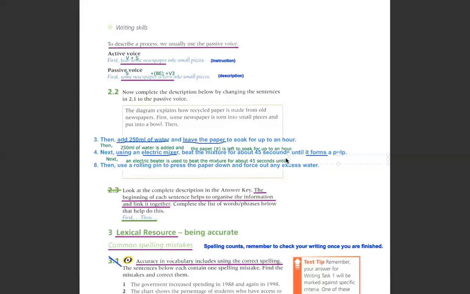Right, anyone else? I got one person with an answer. How do we change it forms a pulp into passive? Okay, great, until a pulp is formed.